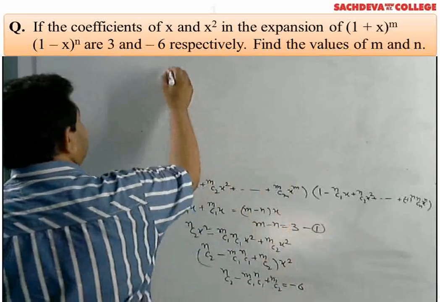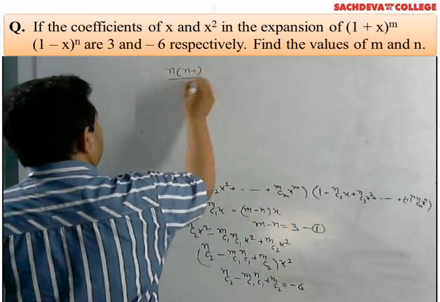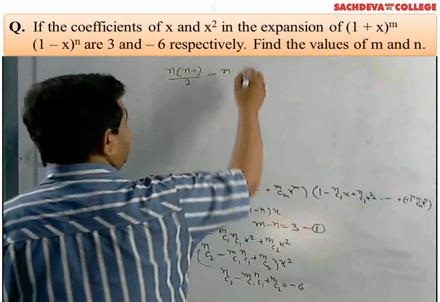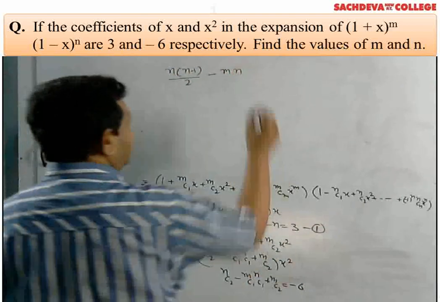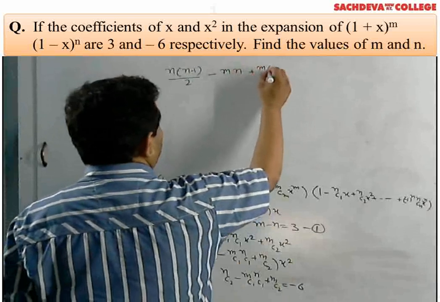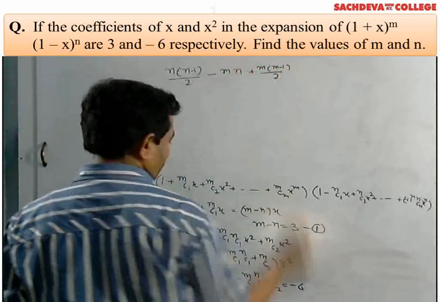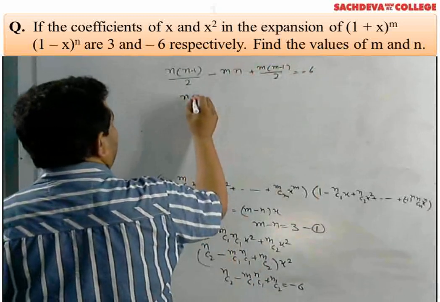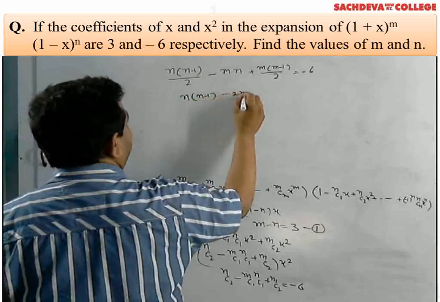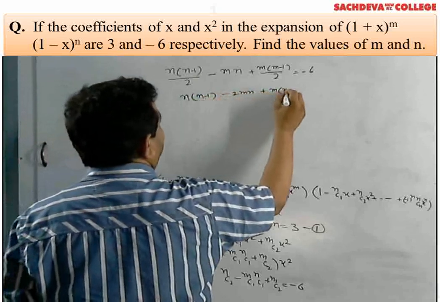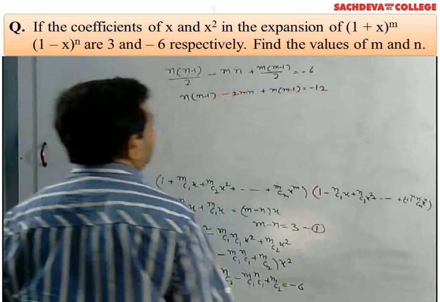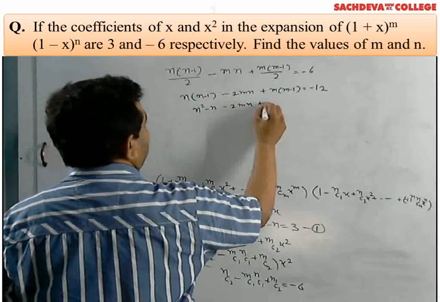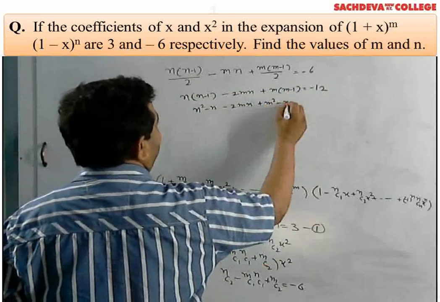But nC2 is n into n minus 1 upon 2, mC1 is m, nC1 is n, and mC2 is m into m minus 1 divided by 2, equal to minus 6. So n into n minus 1 minus 2mn plus m into m minus 1 is equal to minus 12, or n square minus n minus 2mn plus m square minus m is equal to minus 12.